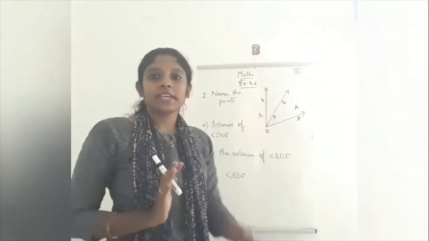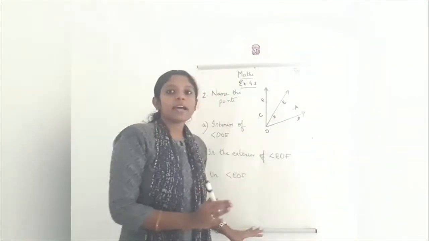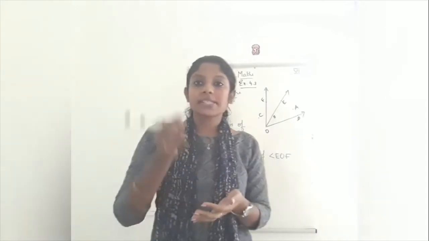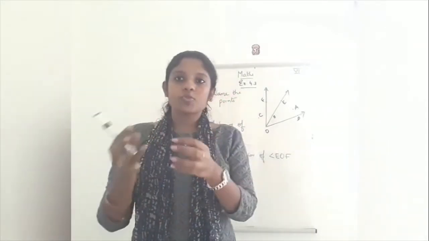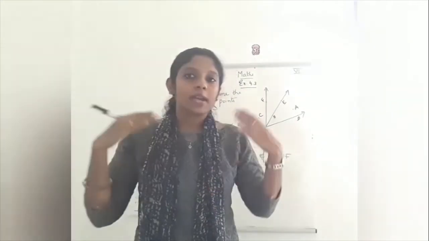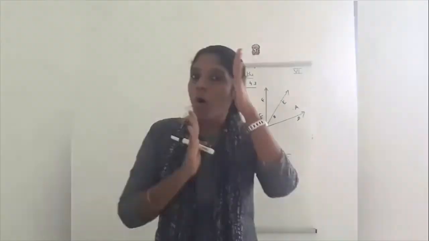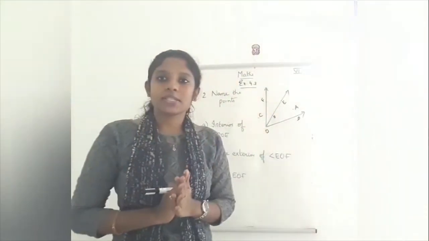I have already told you what interior is: the points which lie inside are interior points, the outside points are called exterior points, and the points which lie on the angle are called on the angle. So we have learned these three kinds of points.